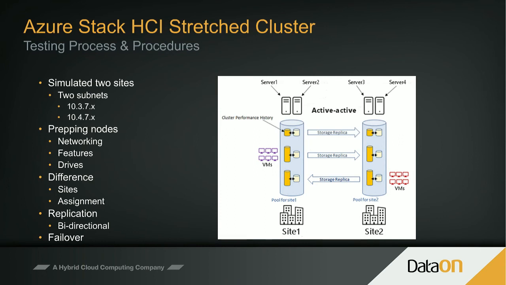Like I said, coming from S2D, I'm very familiar with how to prep the nodes prior to creating the cluster. That means configuring the networking, joining the nodes to the domain, ensuring that the drives on each node are clean and in a can-pull state, and installing the required Windows features, like Windows Failover Clustering, Hyper-V, File Services, and importantly for this deployment, Storage Replica.